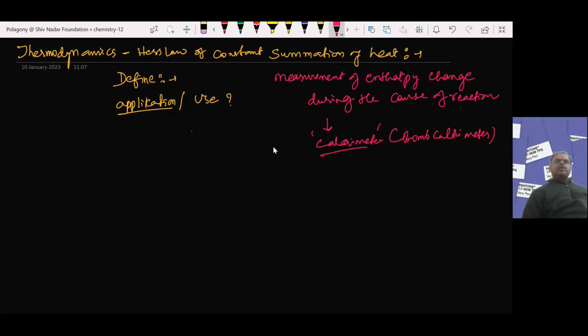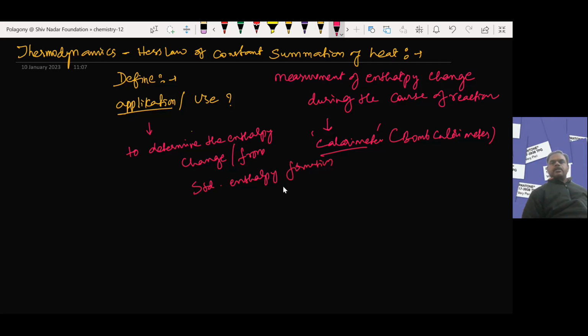Hence, we use Hess's law of constant summation of heat to determine the standard enthalpy change, the energy change during the course of chemical reactions, from the respective standard enthalpies of formation of the reactants.